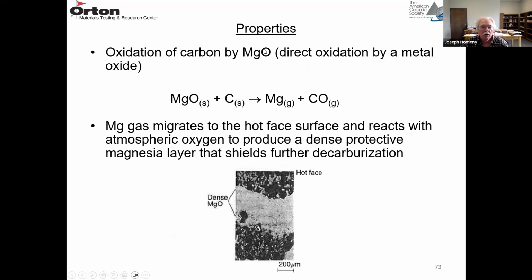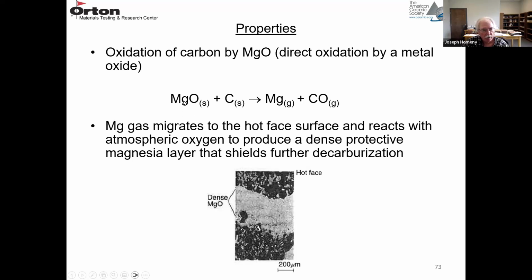So this is an MgO aggregate in a carbon matrix. So the carbon can actually be oxidized by the refractory itself, by the MgO. So direct oxidation of a metal oxide. So MgO plus carbon forms Mg gas plus CO gas. So this reaction takes place at high temperatures right at the hot face.